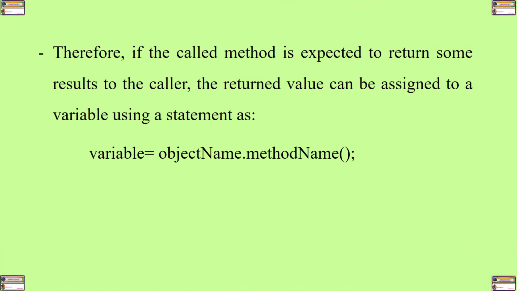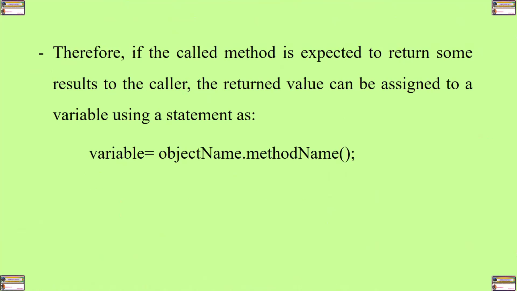It is important then to include a call statement within your main method that will also give opportunity to the processor to assign the result gotten from the method to a variable. And for that reason, if a method is going to return a value, let that value be stored in a certain variable within the main method.